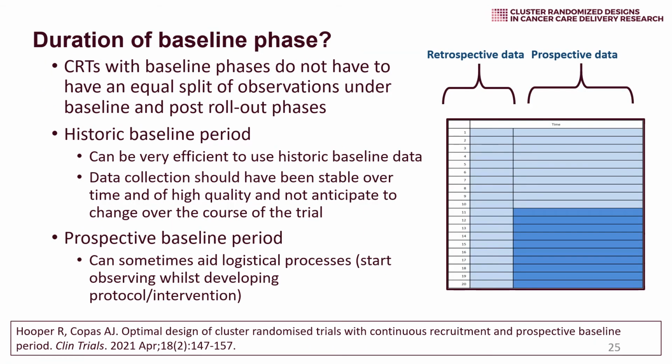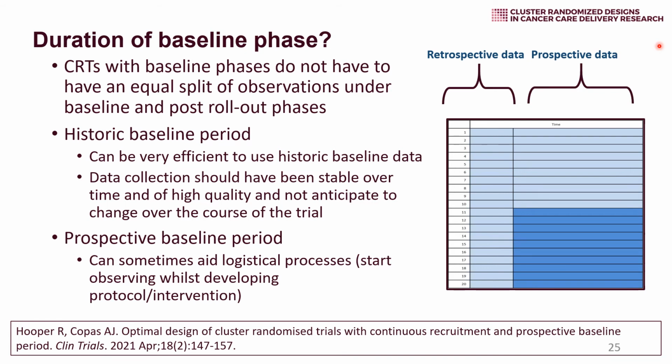We also can include something called a baseline phase in a parallel cluster randomized design. Now, the duration of this baseline phase can be increased if we decide to use retrospective data. So cluster randomized trials with baseline phases do not have to have an even split of observations collected in the pre and the post rollout phases.